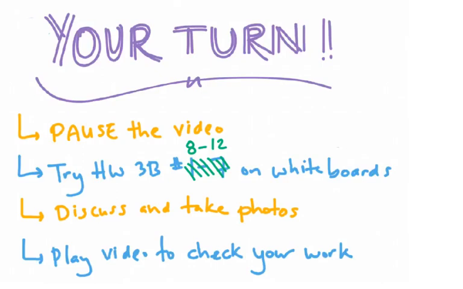And once you feel ready, you can then play this video to check your solutions on the boards. Remember that your process could look a little different than mine, so just make sure our end solutions are looking about the same. And again, pictures of your work will help me just be able to see how you guys work through them.